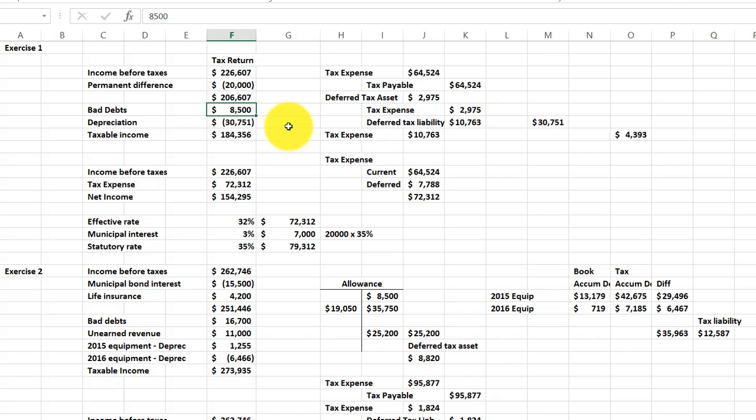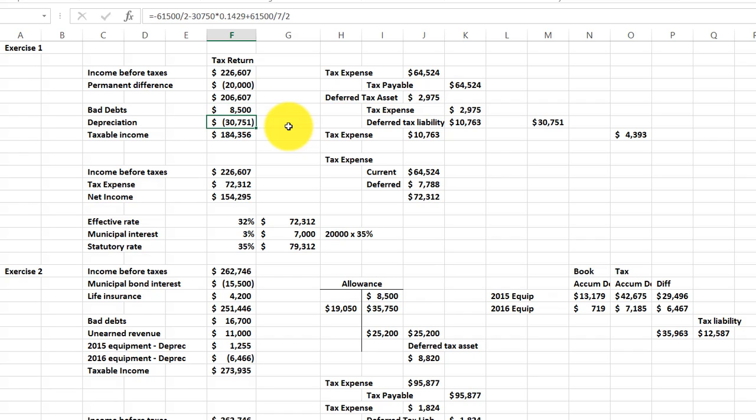So if we're going to make them the same, we would need to add back $8,500 on the tax return to make the bad debt expense down to 3,500 instead of 12,000.